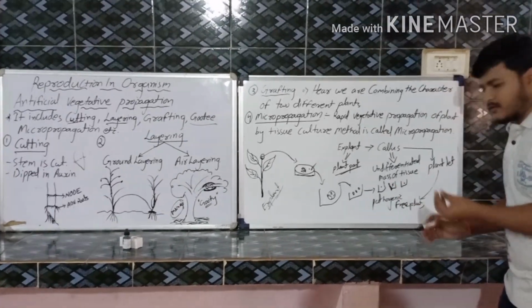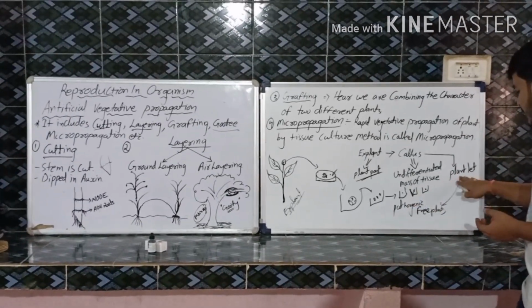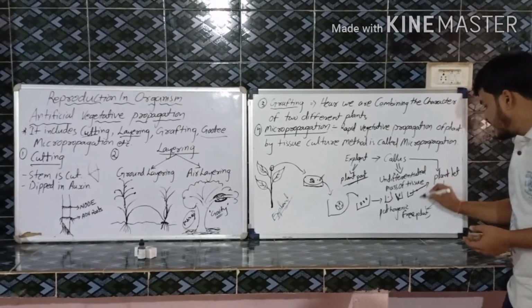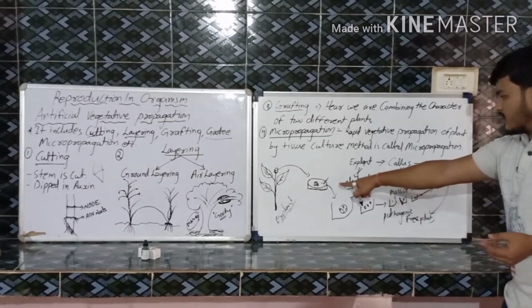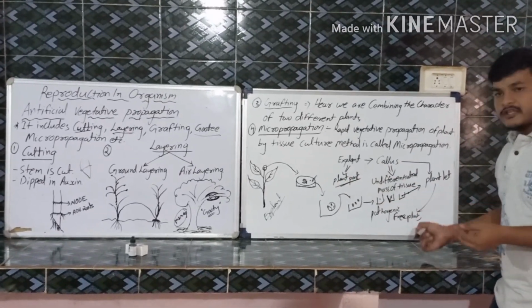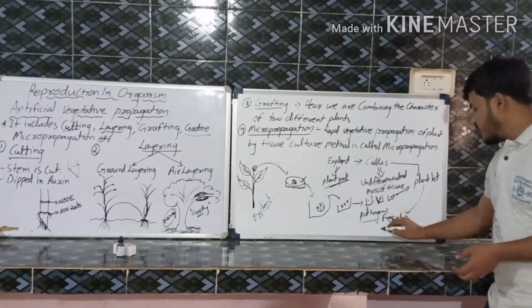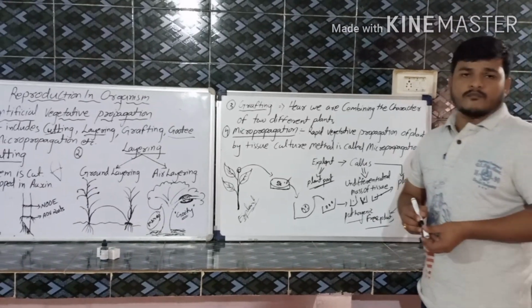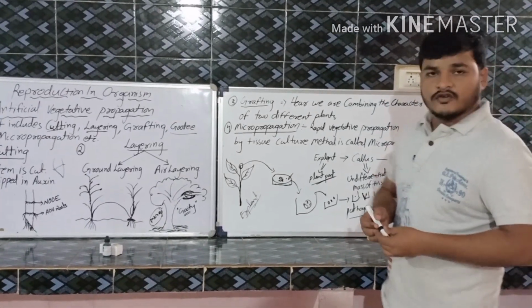After some days, the small plant parts developed from this callus culture are known as plantlets, and the plantlets go on to develop into new plants.